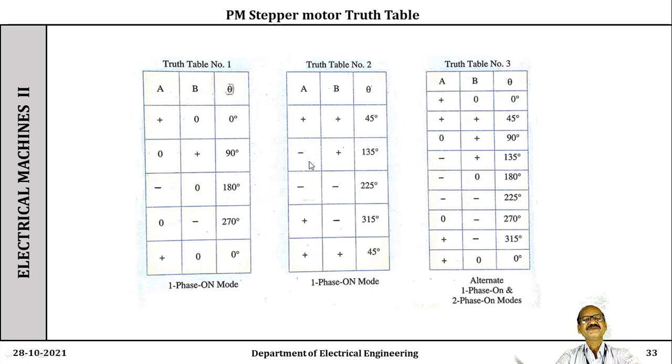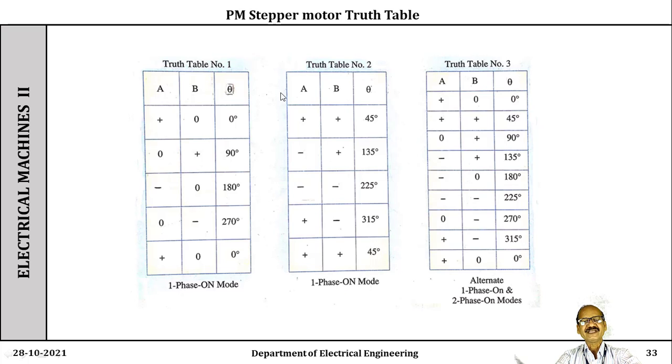Now further, if you excite A minus and B plus, the angle is 135 degrees, then both A minus and B minus 225, then A plus B minus 315 degrees, and both A plus and B plus 45 degrees once again.